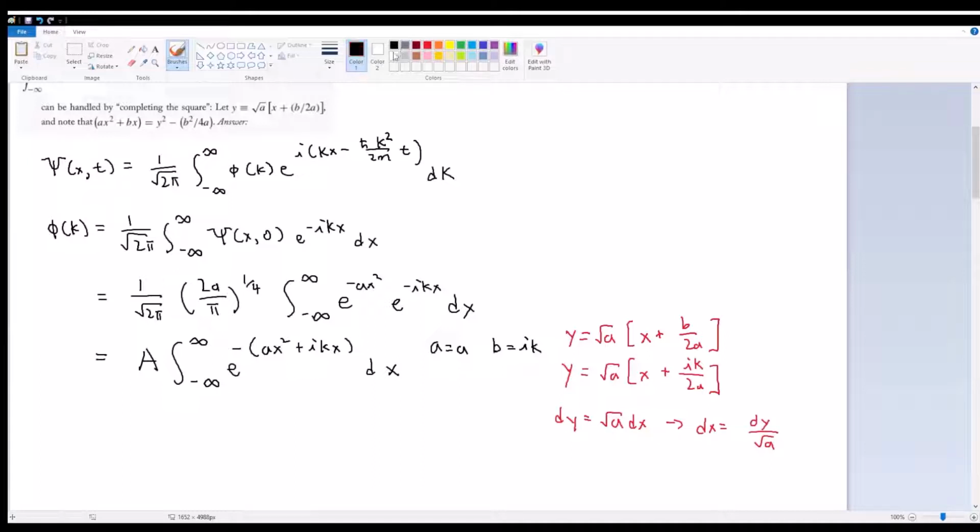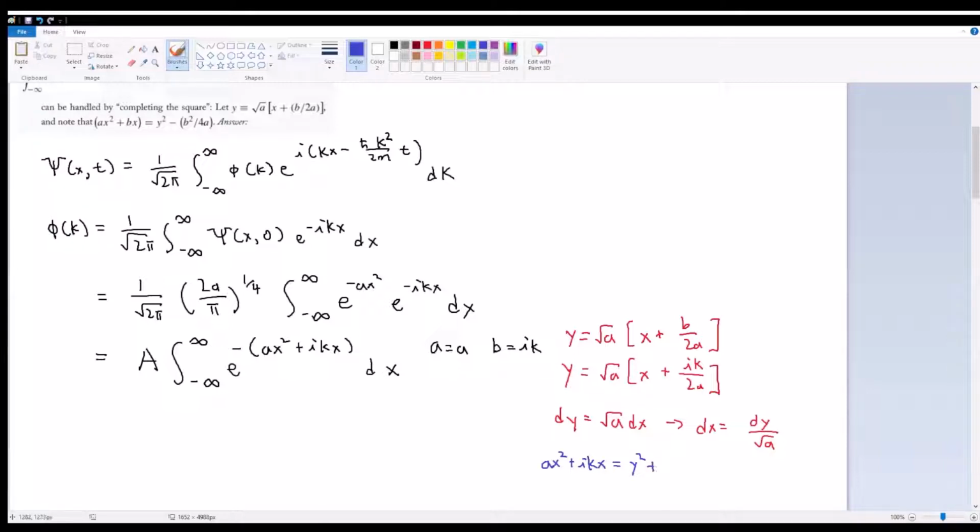So if we plug this in, ax squared plus ikx is going to equal y squared minus b squared over 4a. Now b is ik, so b squared is just negative k squared.